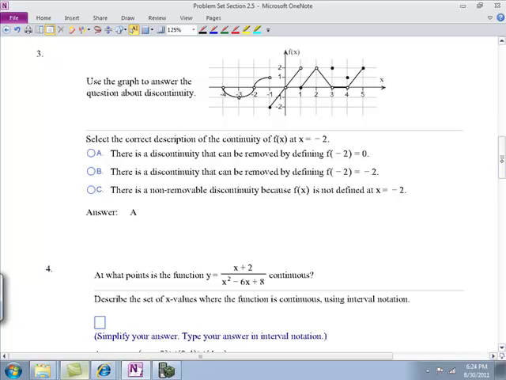All right, use this graph to answer the question about discontinuity. Select the correct description of the continuity at x equals -2. So here's x equals -2. This one says there's a discontinuity that can be removed by defining f of -2 equals 0.